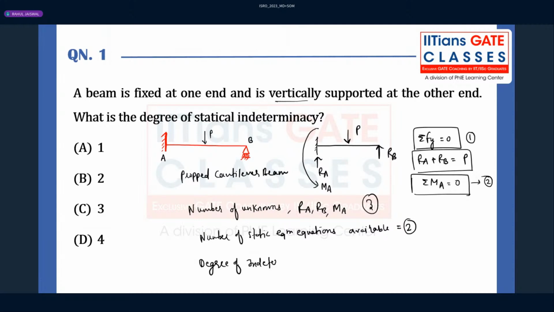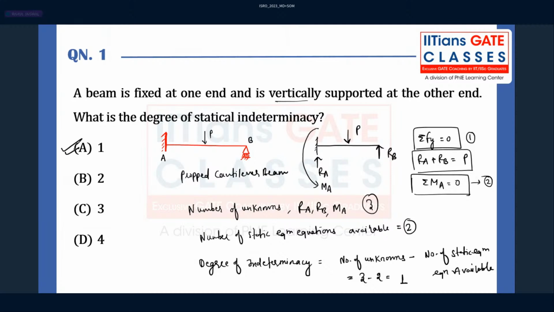Degree of indeterminacy will be the number of unknowns minus the number of static equilibrium equations available. That is 3 minus 2, which will be what? 1. So the correct answer for the degree of statical indeterminacy will be 1. Right? Make a note of it.